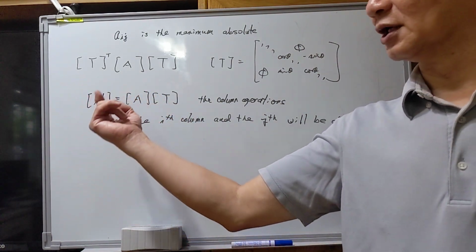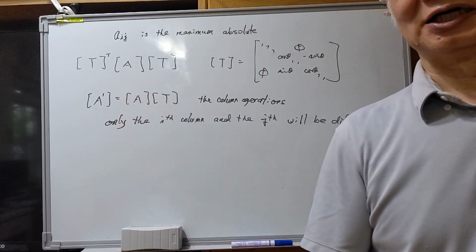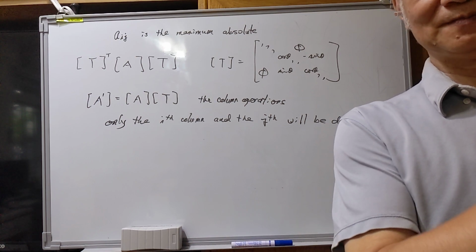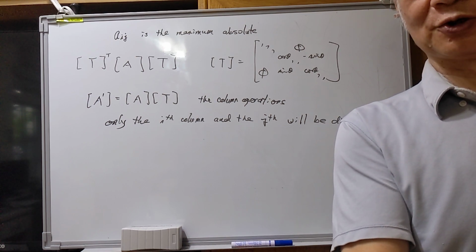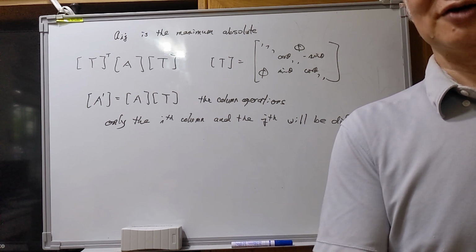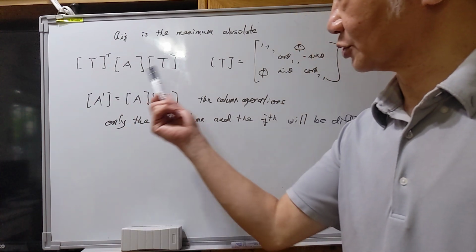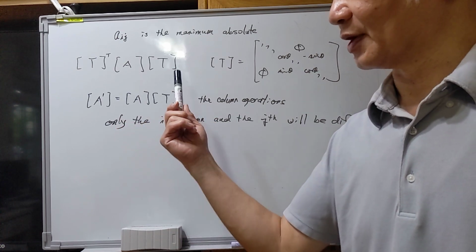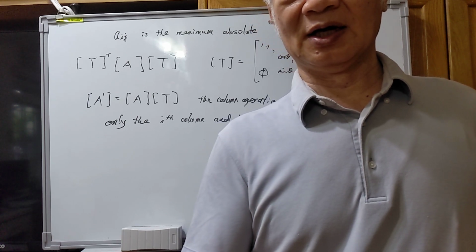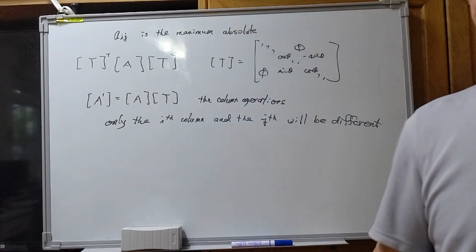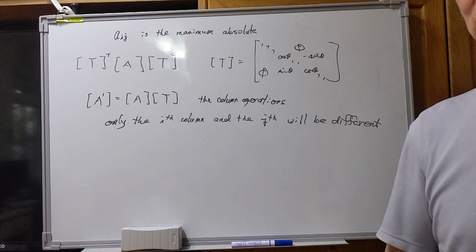If we compare the A prime matrix with the original A matrix, you will find only the ith column and the jth column will be different. And you can understand why the post-multiplied T matrix is usually called the column operations.